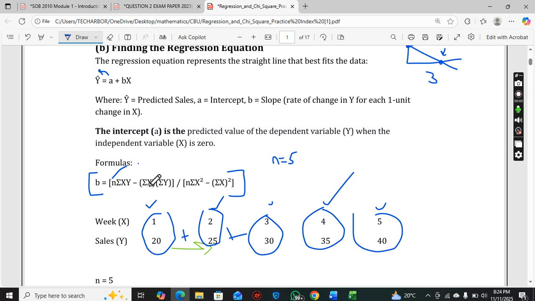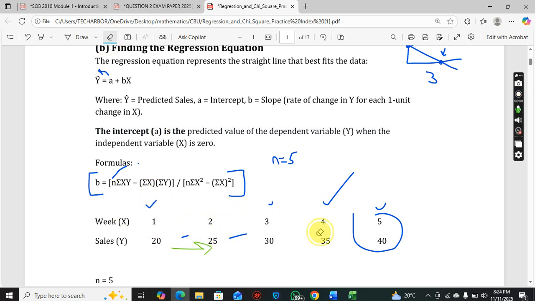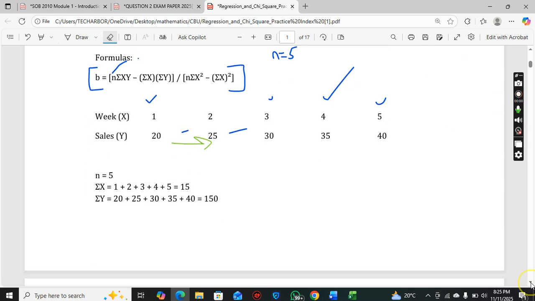Sigma x just means you're adding up all your x values, the weeks: 1 plus 2 plus 3 plus 4 plus 5. Sigma y is adding up your y values. Sigma x squared, you square each of these x values and add them. Then for the square of sigma x, you add 1 plus 2 plus 3 plus 4 plus 5, then you square that total. So let's get these values here.